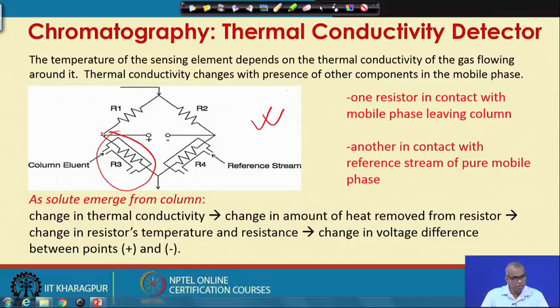The mobile phase comes out of the column and passes through the detector. So, this is the resistor which is in contact with the mobile phase that leaves the column, and the other is in contact with the reference stream of pure mobile phase. So, this is a pure mobile phase.